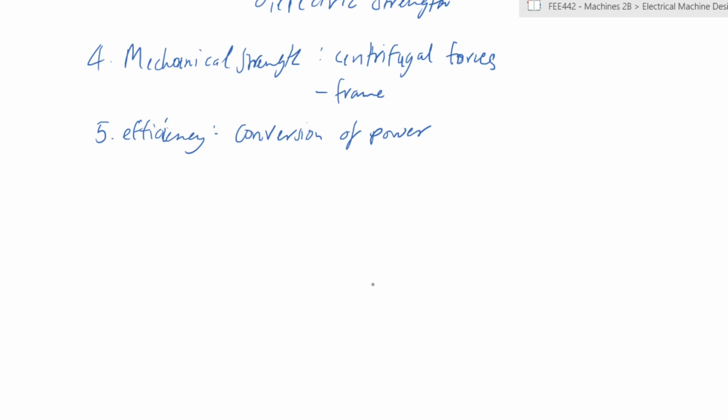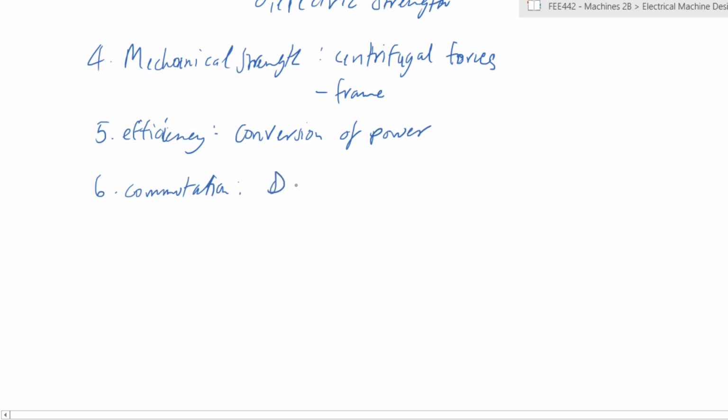If you need a more efficient machine, you might need higher quality materials, which would be more expensive. If you need a lower efficiency machine for a simple application, you can make smaller, lighter weight, possibly lower quality materials as required. Number 6 is commutation.